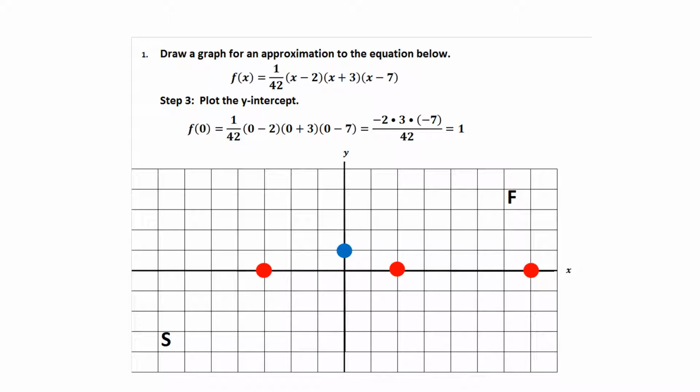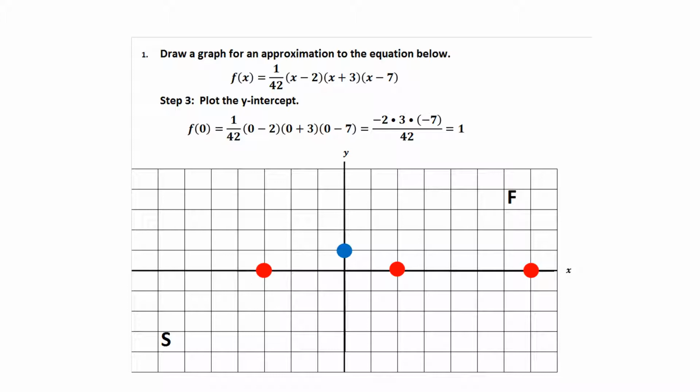Now the challenge is to start on the lower left, go through each of the points that are given, and see what it looks like. We're also going to put an O or an E according to the power where the zeros come from. Now, x minus 2 is to the first power.